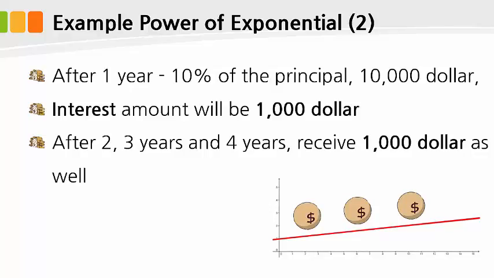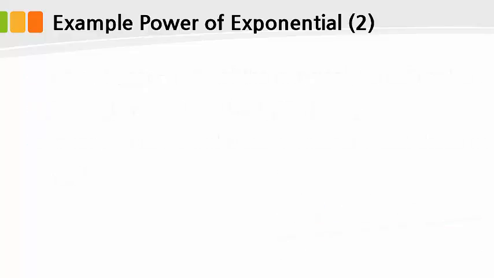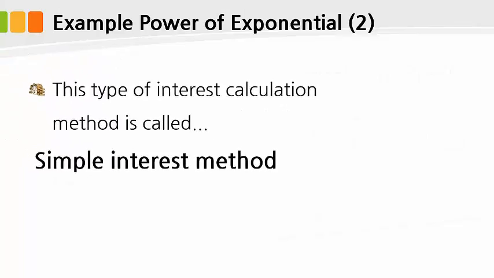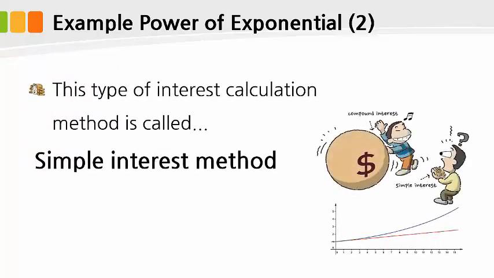If the bank gives 10% of the principal, $10,000, again, I will receive $1,000 after 2 years. After 3 years and 4 years, I will receive $1,000 each year. This type of interest calculation method is called the simple interest method.